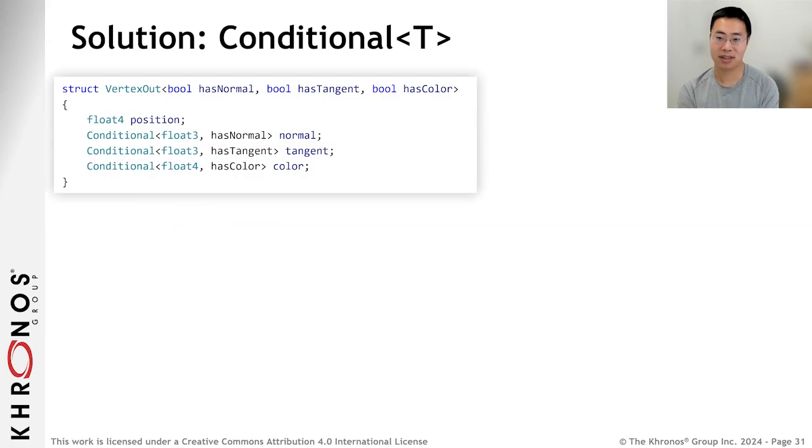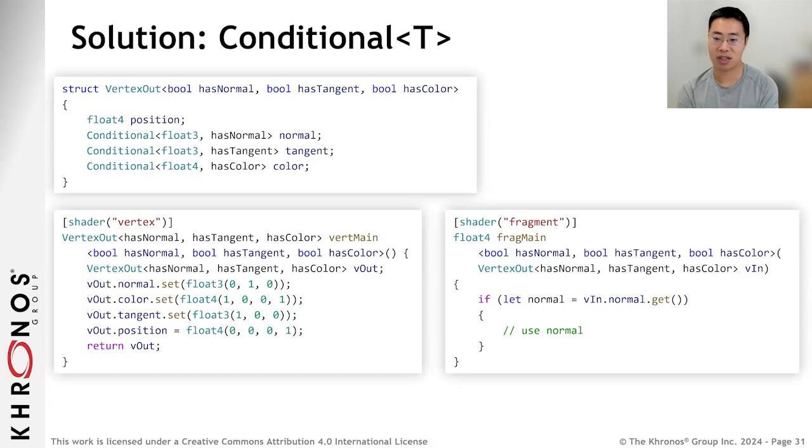In Slang, this kind of conditional field can be defined with the conditional type. So here, instead of using preprocessor macros, we simply turn our vertex out type into a generic type parameterized on has normal, has tangent, and has color. And the normal field here is defined with the conditional type, so that when has normal is set to false, that field will get specialized out and removed from the final target code.